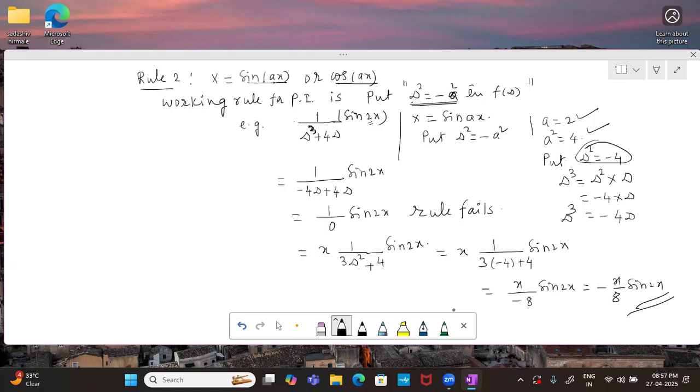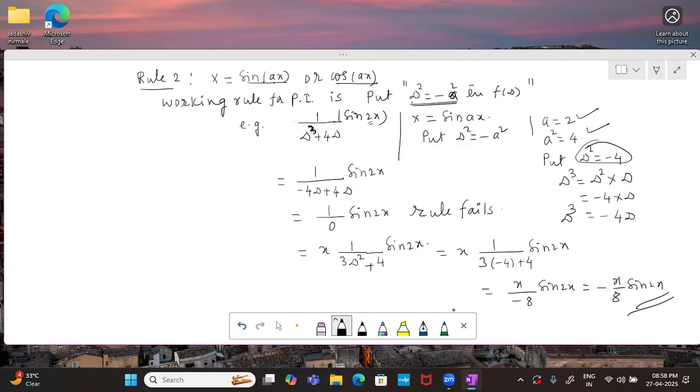So this is the way to apply the rule for trigonometric sine and trigonometric cosine. The rule is not applicable for tangent or other trigonometric functions, but applicable only for sine and cosine. Remember this one.